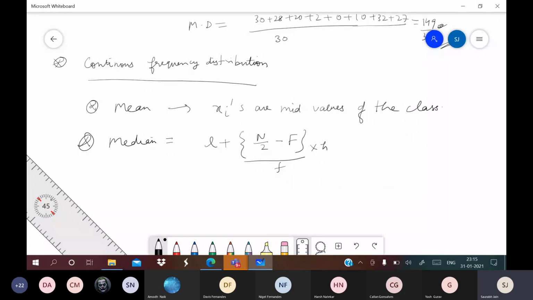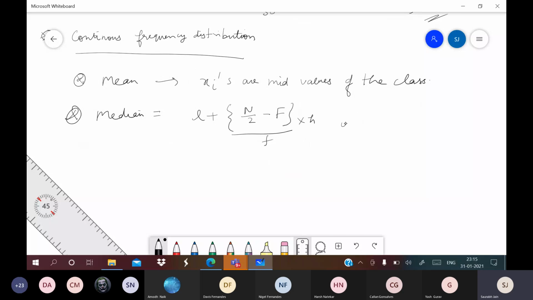But what is important is the meaning of these things. L is the lower limit of the median class. Small f is the frequency of the median class. h is the size of the median class.